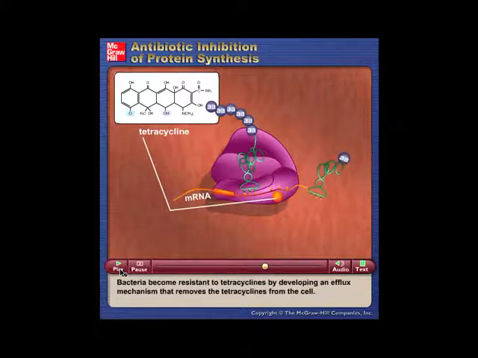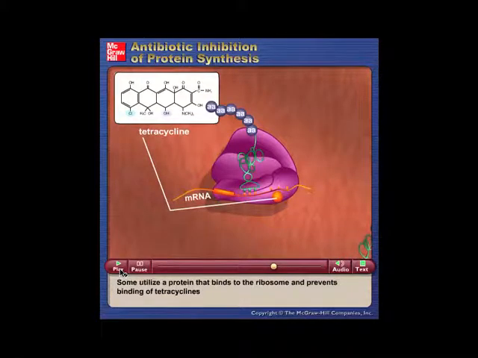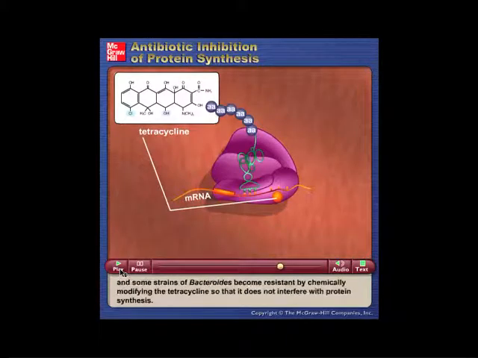Bacteria become resistant to tetracyclines by developing an efflux mechanism that removes the tetracyclines from the cell. Some utilize a protein that binds to the ribosome and prevents binding of tetracyclines, and some strains of Bacteroides become resistant by chemically modifying the tetracycline so that it does not interfere with protein synthesis.